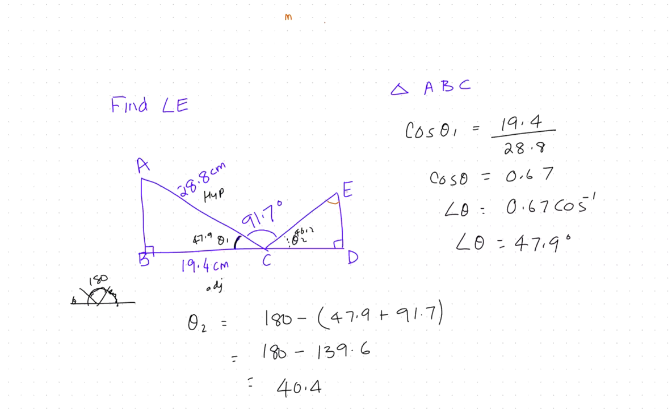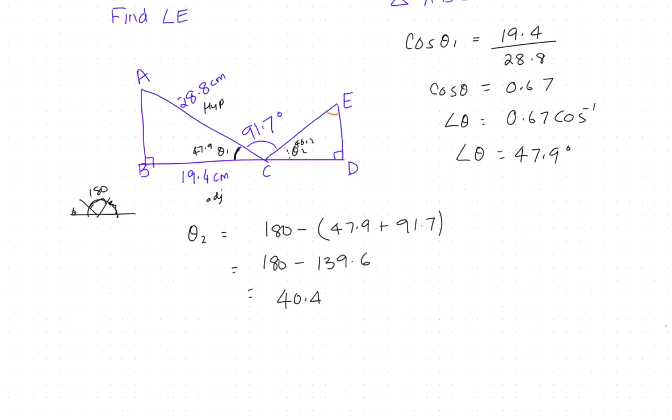So angle E equals 90 minus 40.4, which equals 49.6. So this is the answer. So angle E is 49.6 degrees. This is the answer.